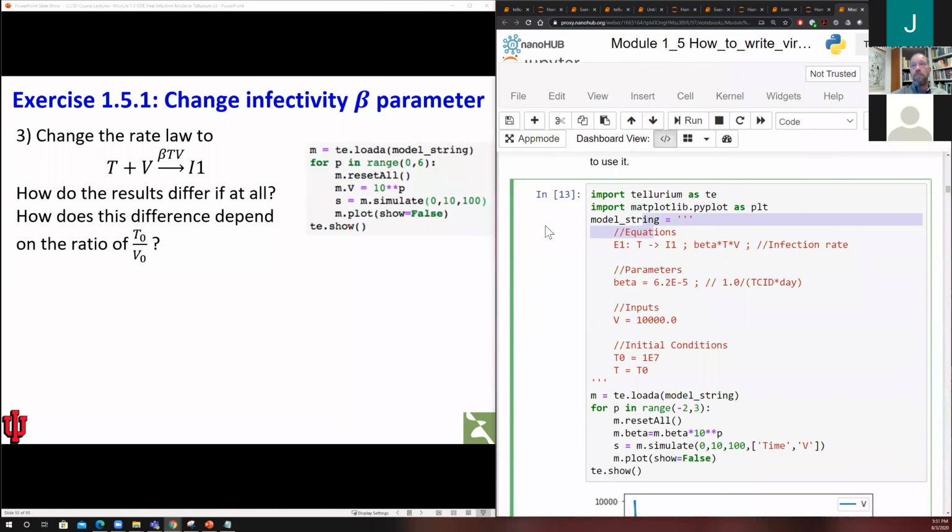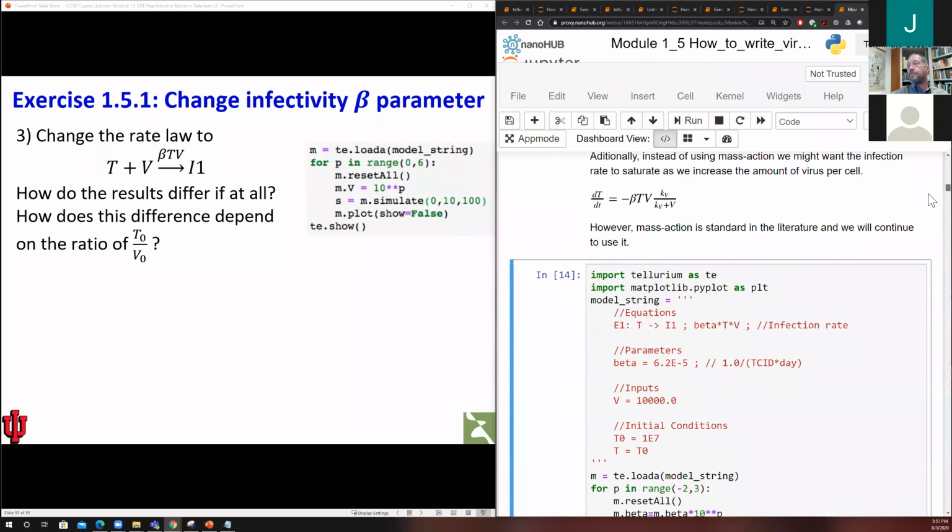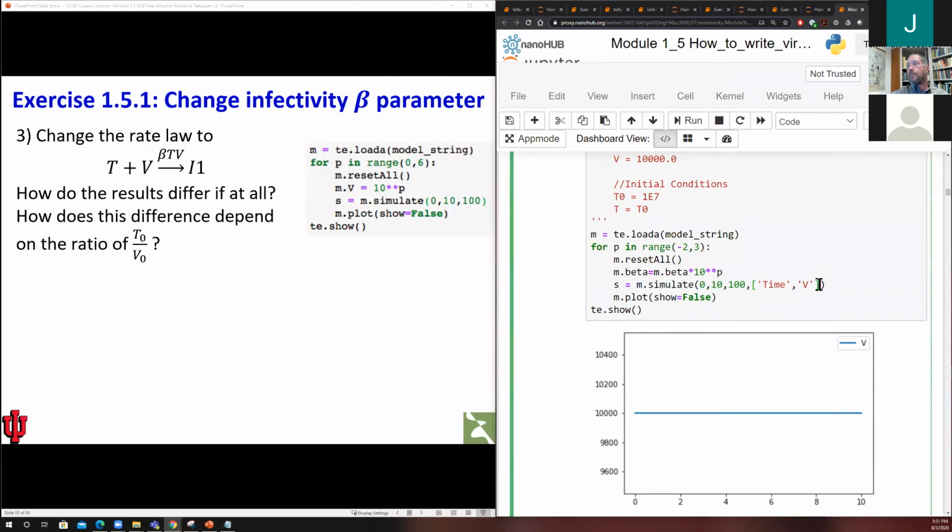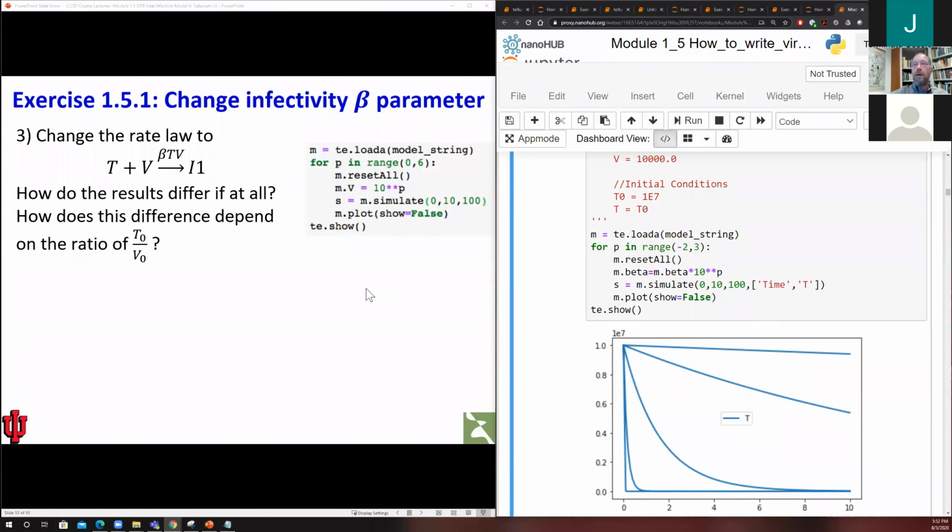So we're going to work with the base model that we started with, which is T goes to I1 without adding the virus. All right.